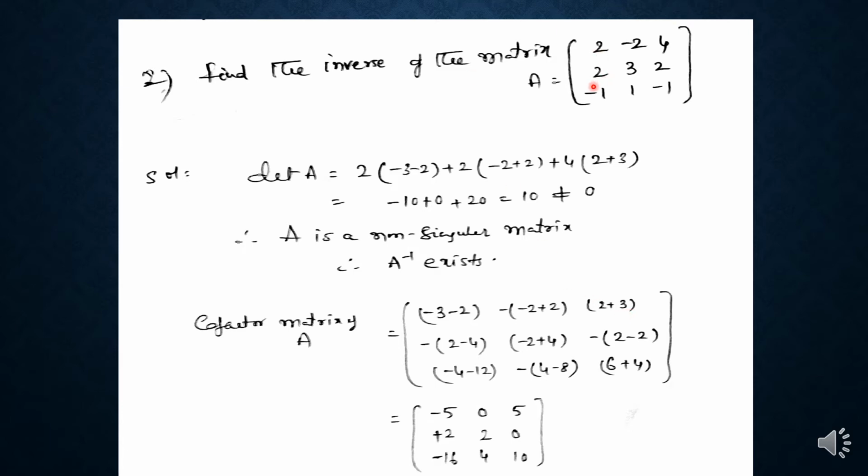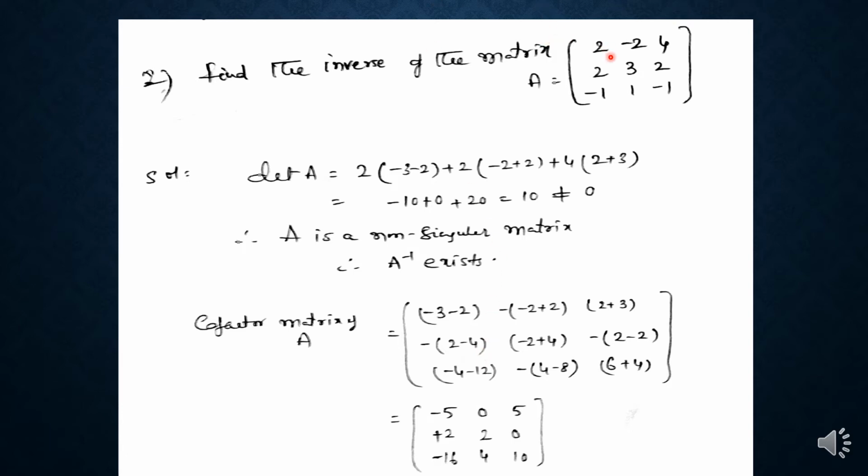Now coming to this element, the cofactor of this element gets minus of, now delete the column and row, then you will get minus 2, 4, 1, minus 1. So by taking this determinant, minus 1 into minus 2, that is plus 2, minus 1 into 4, minus 4, that is minus of 2 minus 4.